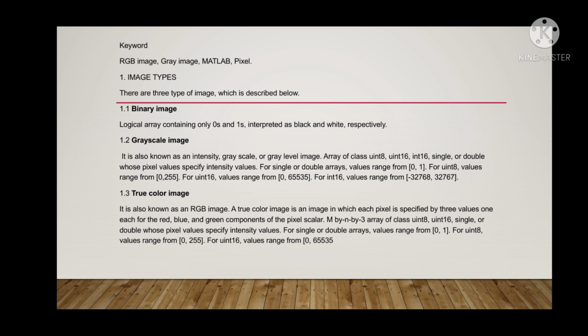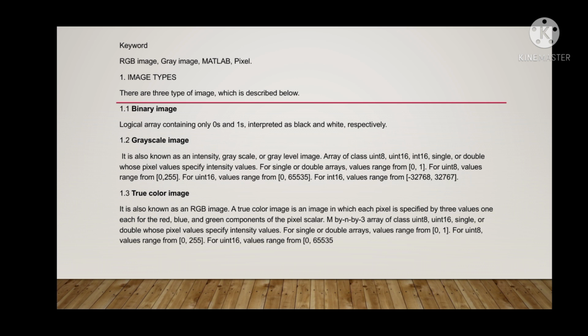First, image types. There are three types of image, described below. First, binary image: a logical array containing only 0 and 1, interpreted as black and white respectively.